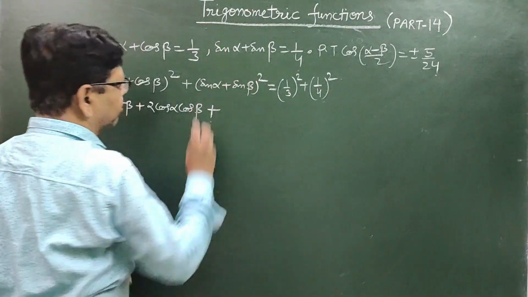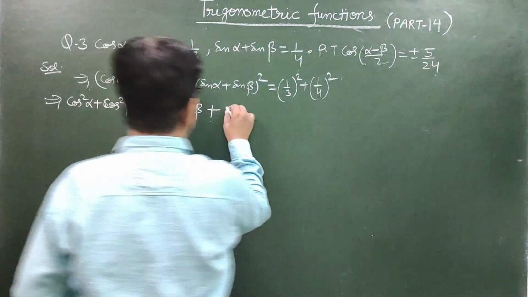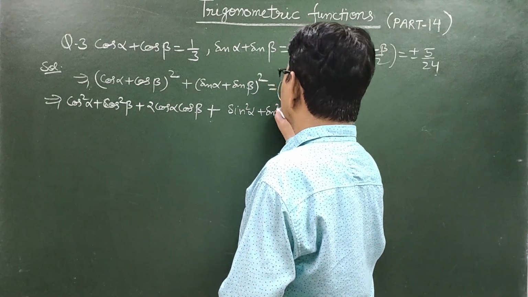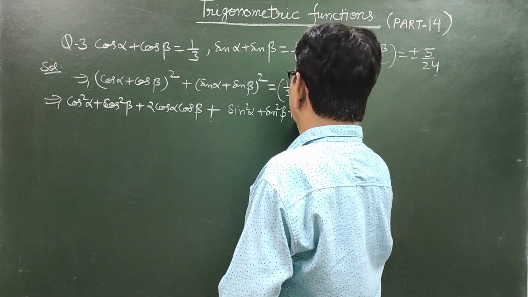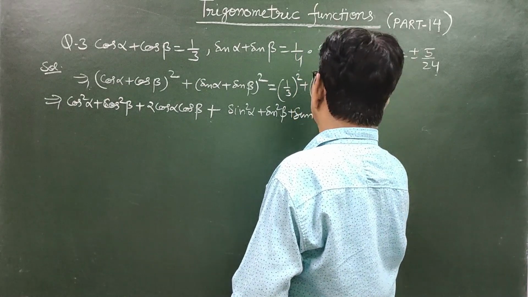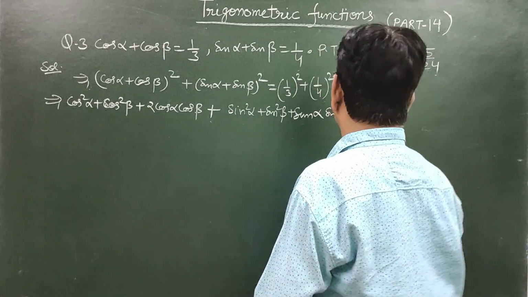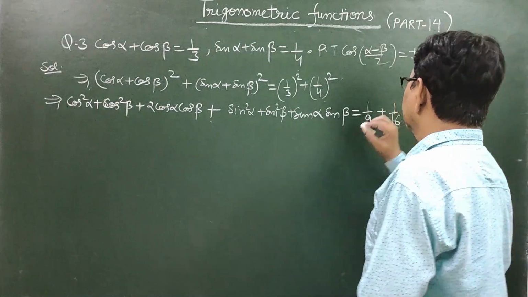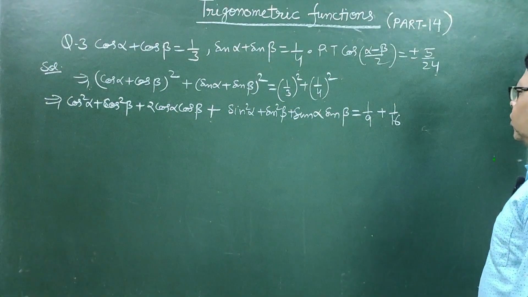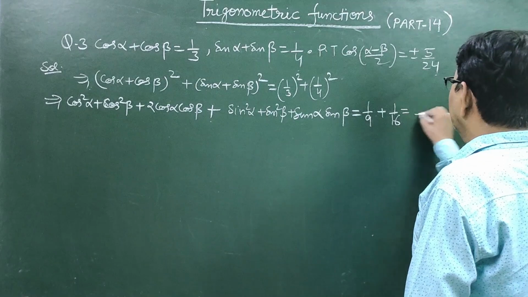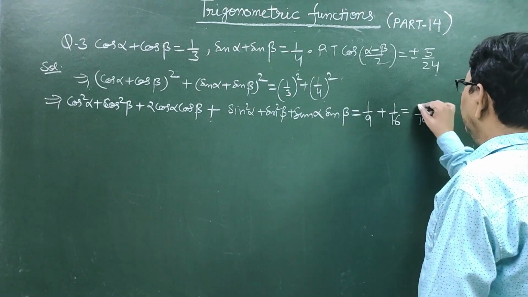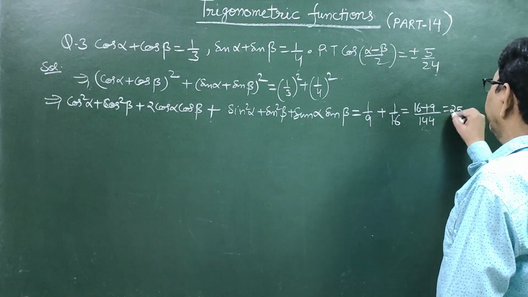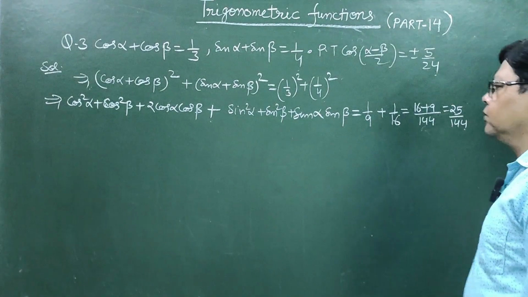Sin alpha plus sin beta square, again this is equal to sin square alpha plus sin square beta plus 2 sin alpha into sin beta, which is equal to 1 upon 9 plus 1 upon 16. And on taking the LCM, we get LCM is 144, and 16 plus 9, which is equal to 25 upon 144.